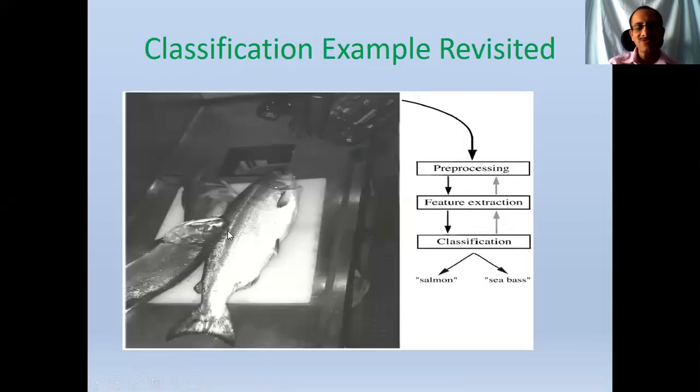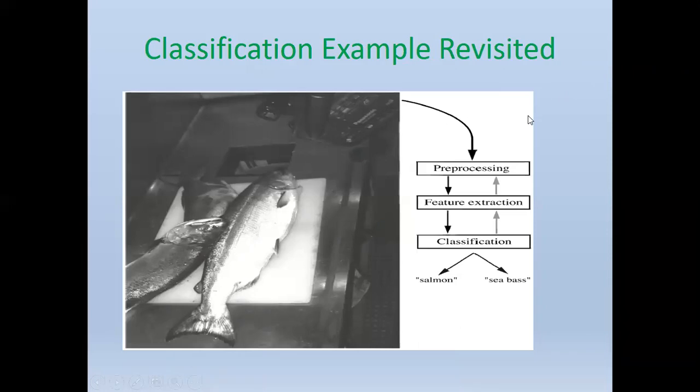First of all, let us take the same example of fish classification. I want to classify the fishes into two different categories. What did we discuss in the last class? What kind of features do we extract? Can one of you quickly tell? Weight can be one of the features.